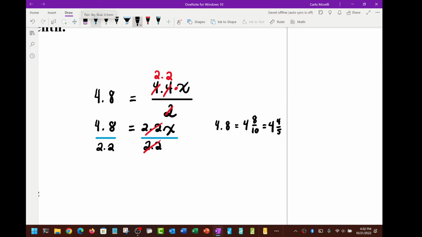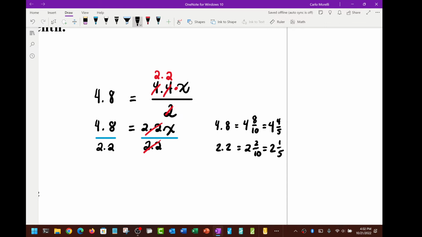And then 2.2 equals 2 and 2/10, which can be reduced down to 2 and 1/5.